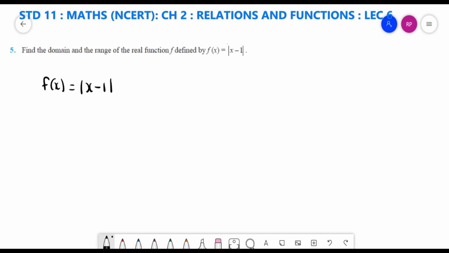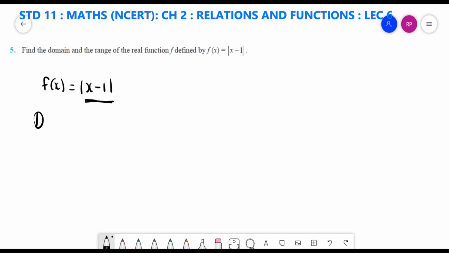Right? So now first the domain. Now see, you can clearly say that you can take any value of x, because it is a modulus function and also it is not in the form of a fraction, right? So it will never be undefined. You can take any value of x.